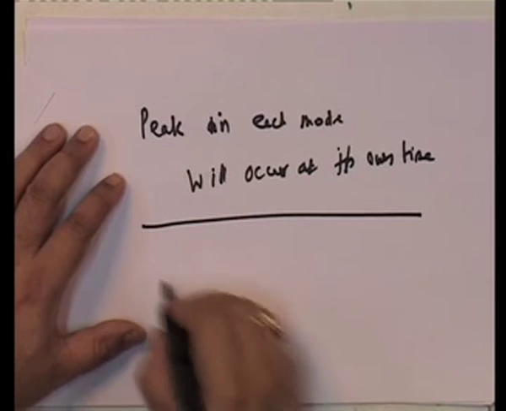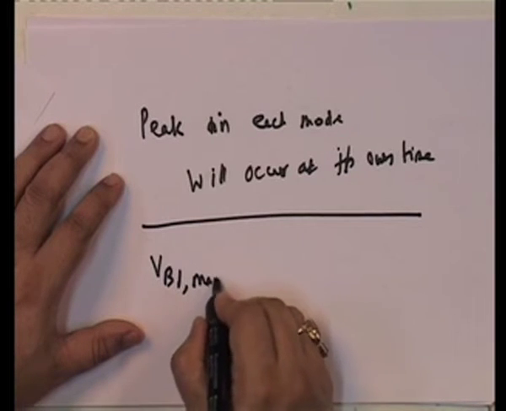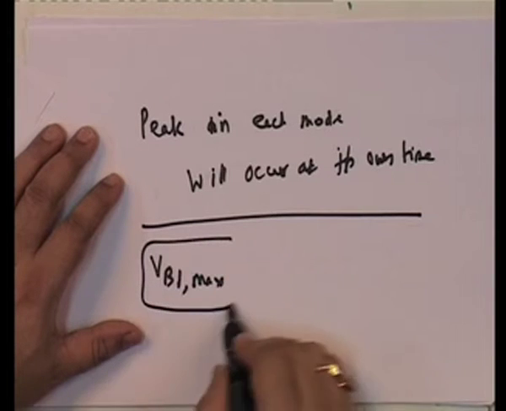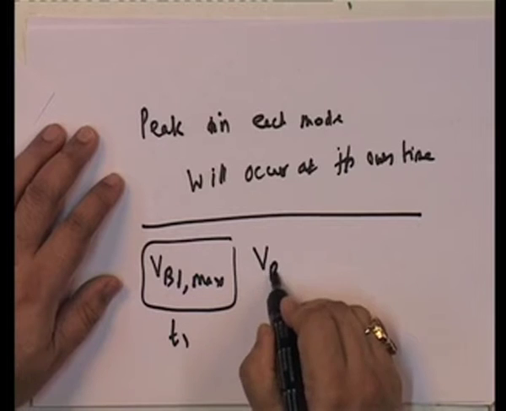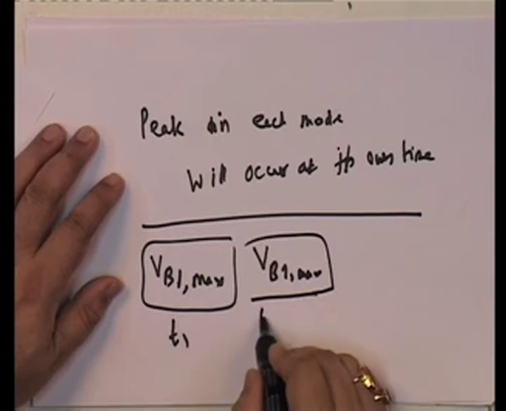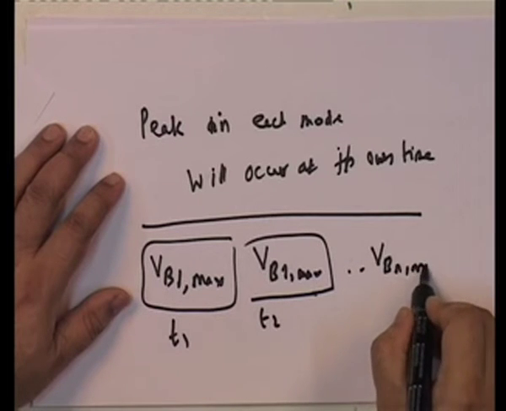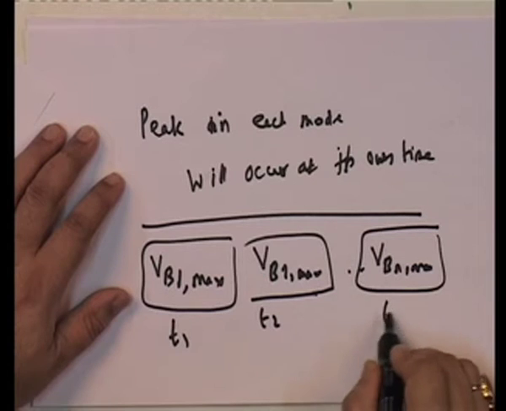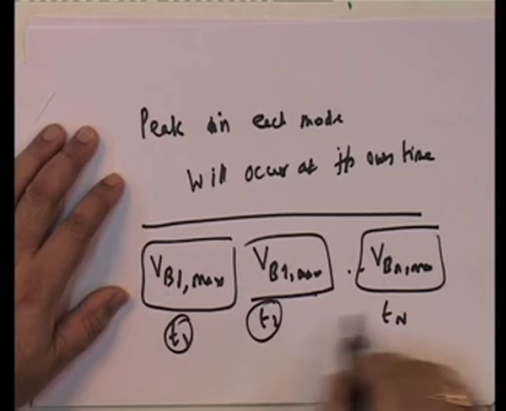So, in other words, when I say V_B1 max, this is occurring at say time t1, V_B2 max will occur at some other time t2, and in that way V_Bn will occur at some other time tn. Now, what are these? We have no clue.